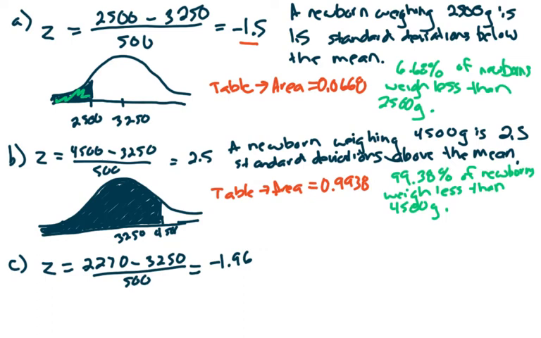And I'll do the same thing for our other value, 4,230. So when we calculate this z-score, we get positive 1.96.